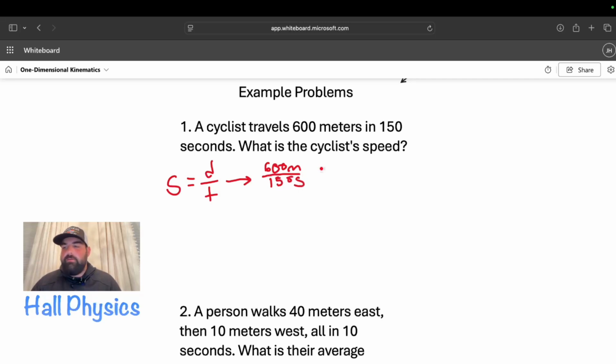Y'all bear with me, this is my first time using the Wacom system with a pen, so if my handwriting's bad, I apologize. So I got 600 divided by 150, and that should give me 4 meters per second. That should be my final answer. That is how fast the cyclist is moving.